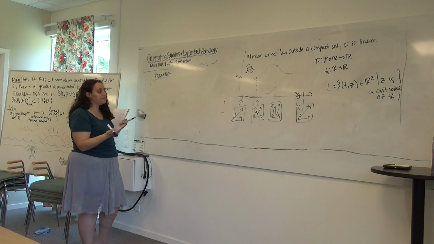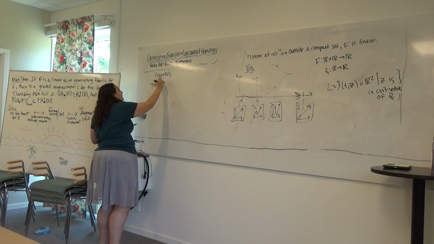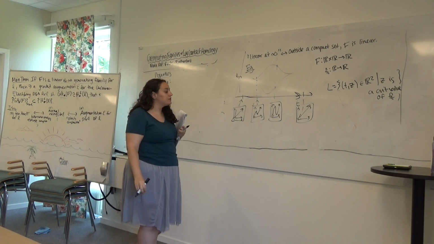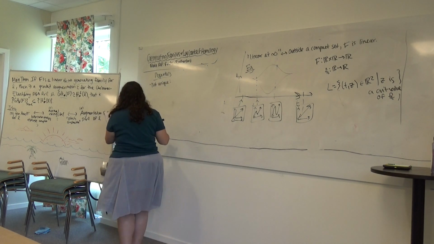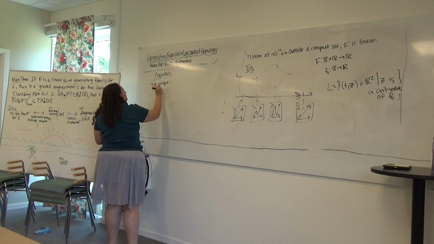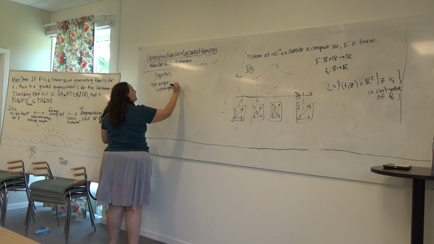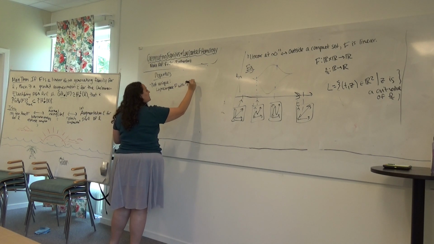Right, this is not a unique construction. In particular, there are two equivalences in generating families. You can precompose F with what we call a fiber preserving diffeomorphism.